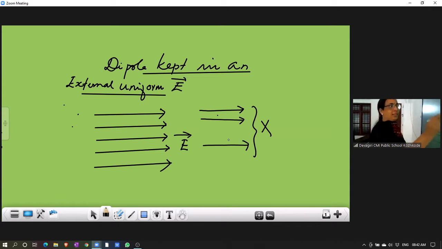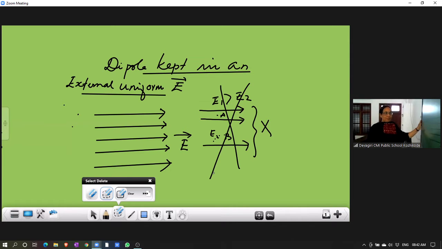So electric field here is greater than electric field here, because you see here electric field lines are less dense. So this is not a uniform electric field, because here E1 is greater than E2. So this is not what I'm talking about. We are talking about a uniform electric field. So while drawing, you have to be careful. You don't have to measure the distance between them and draw, but it should look like equal distance.